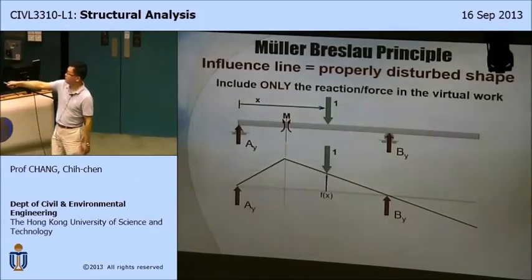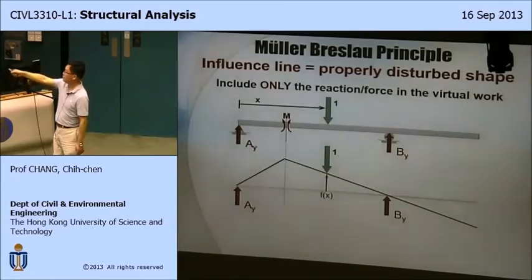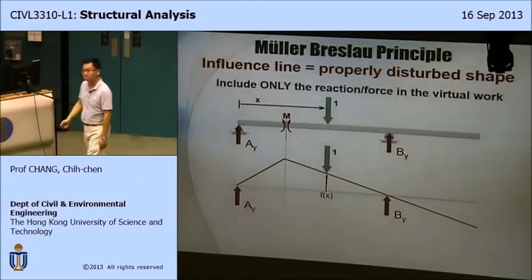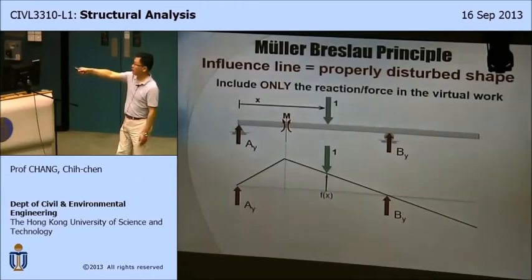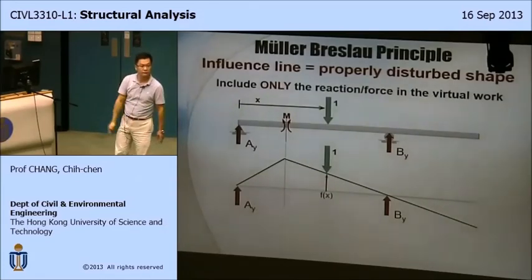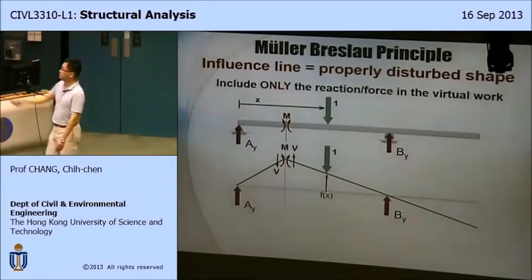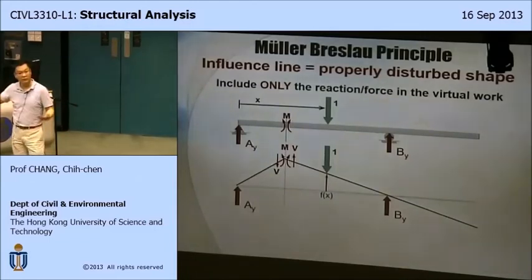So imagine that I disturb the shape like that, moving this point up on both sides, and the profile created is called Fx. When you open up a cross section, you always see two pairs of forces, shear force and bending moment.